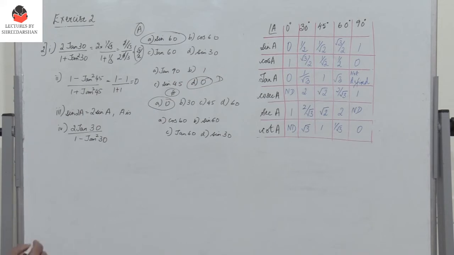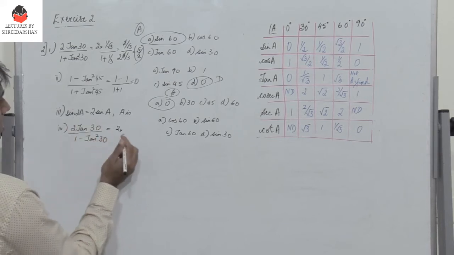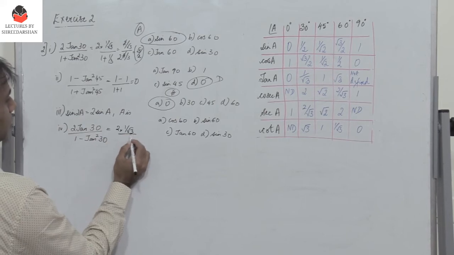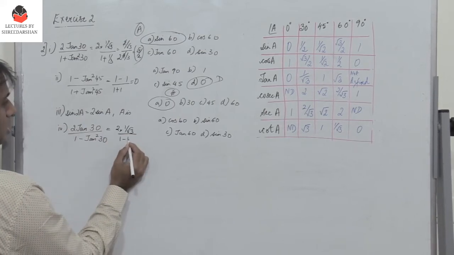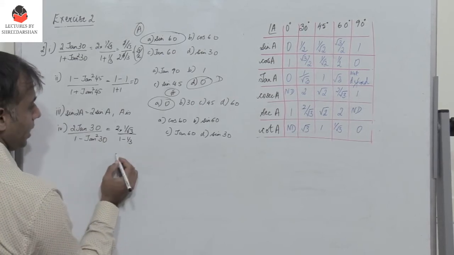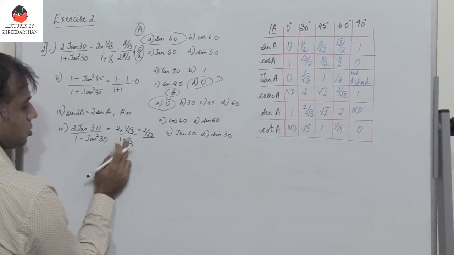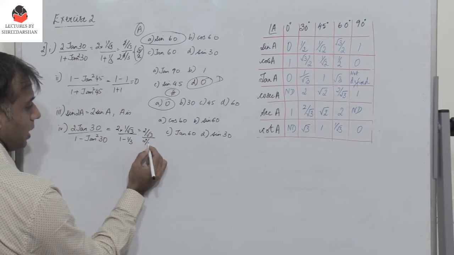So the fourth one, I have 2 into tan 30, which is 1 by root 3, divided by 1 minus 1 by root 3 the whole square, which is 1 by 3. So if I do this, what do I get? I get 2 by root 3 divided by 3 minus 1, which is 2 by 3.